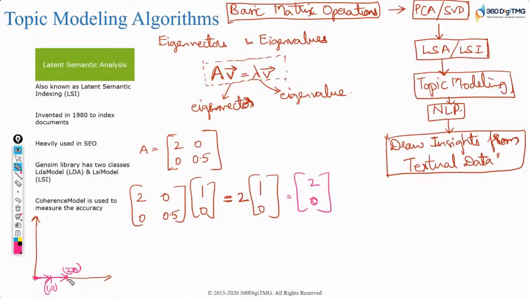Now what has happened here is the direction remains the same. The only thing is the magnitude changed, but the direction didn't change. Remember that one thing. So when you multiply a vector with a value, the vector direction didn't change. That's the first thing.